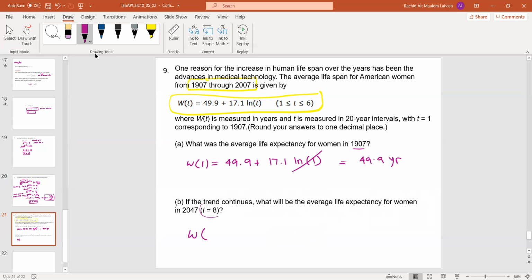And here you also got a hint, but if you don't get a hint, you need to figure out based on the 20-year interval, what does 2047 mean? It means 8, right? And you substitute into the equation and you figure out what that is with the calculator. Maybe it is 7.5 here.